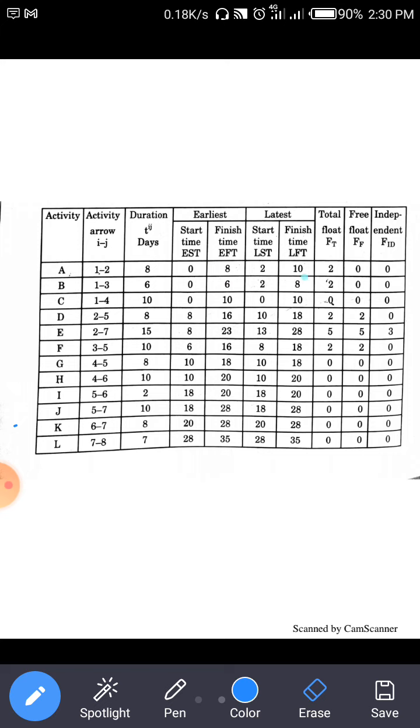So here 8 minus 8 is equal to 0 for free float.